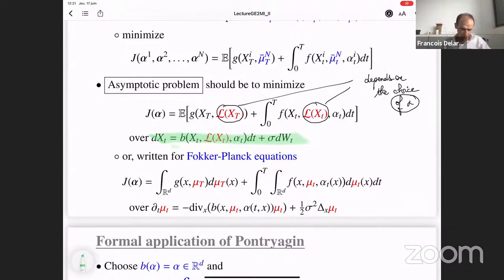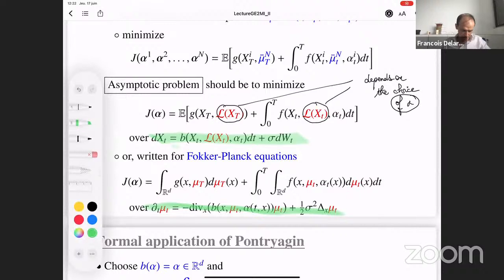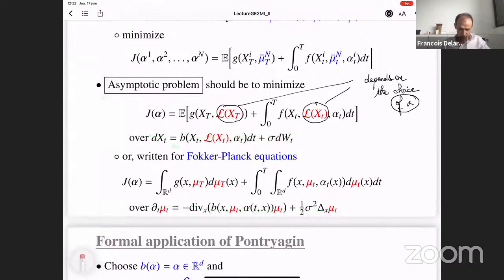Instead of looking at the evolution of one typical player in the population, I look at the dynamics of the population. This is a Fokker-Planck equation. And so what I want to do is to optimize my cost functional, the same as before, over a Fokker-Planck equation.